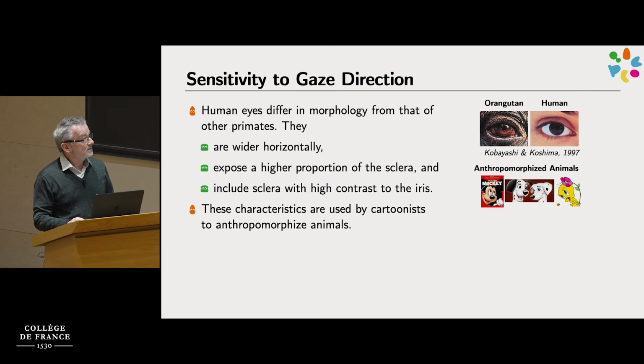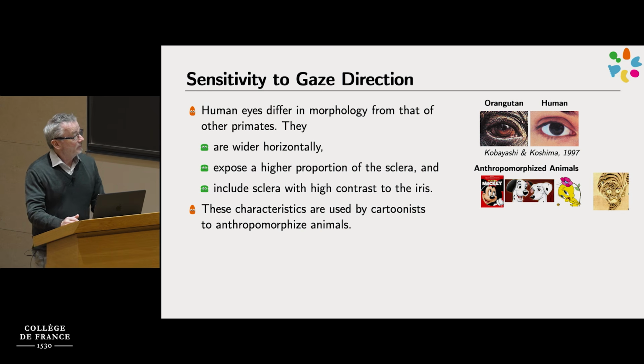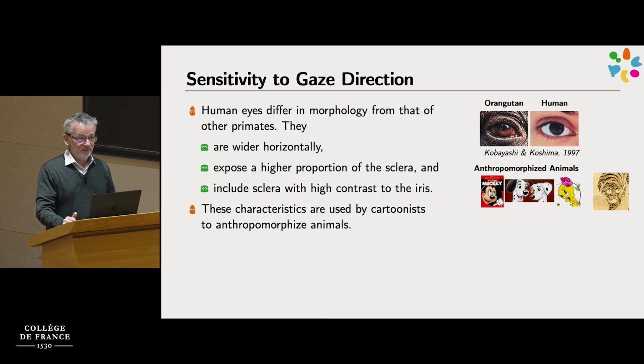But in the cartoons, yes, this is how you anthropomorphize them, and it's also not restricted to Hollywood artists. I was just in Japan two weeks ago, and you have these drawings there from 400 years ago with tigers, which have a very large white sclera. So it's actually well known everywhere.